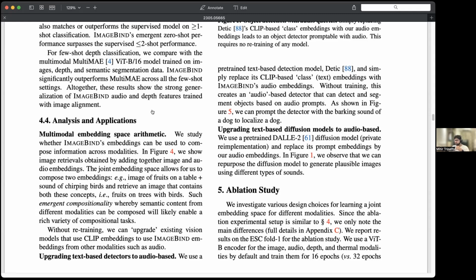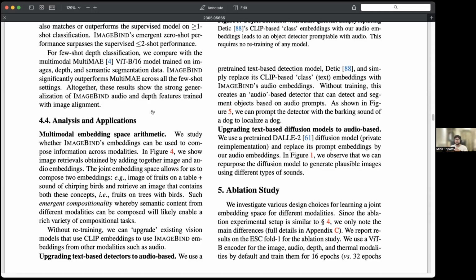This is assuming that we don't have a good data set of audio to image, or we might have a data set, but it may take a large amount of training data to actually train another diffusion model which will take audio.